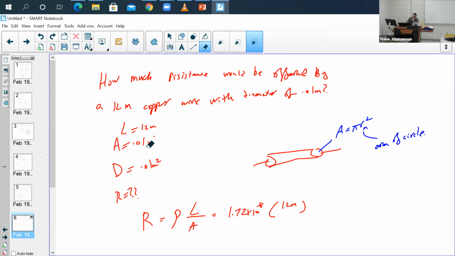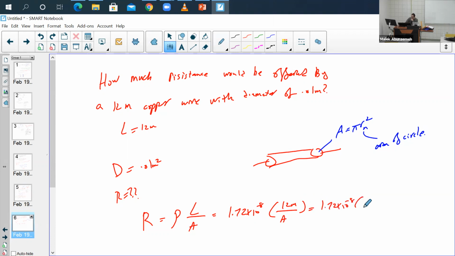Actually, we don't even have the area, that was the diameter. So divided by your area, which again is pi r squared. So this would be 1.72 times 10 negative 8 times 12 divided by pi r squared.